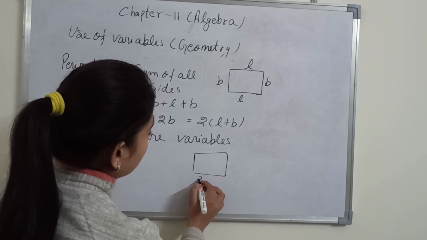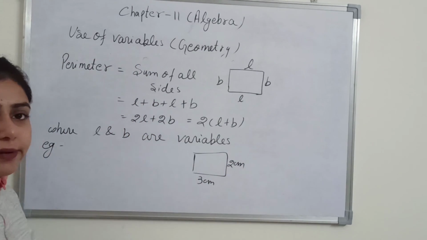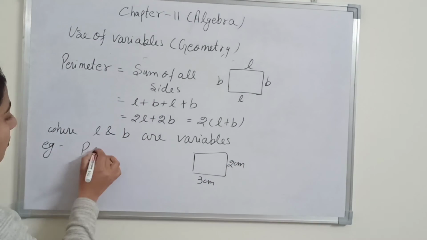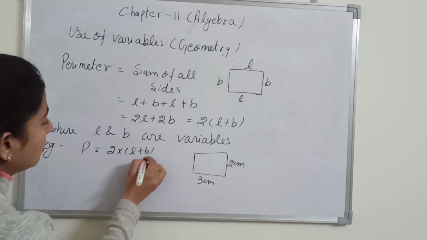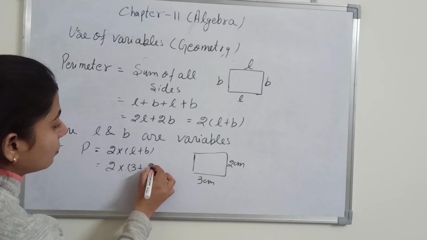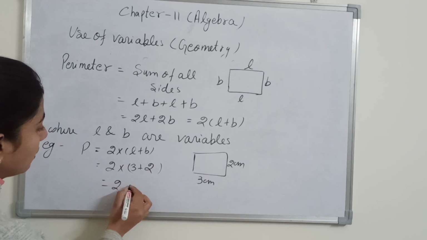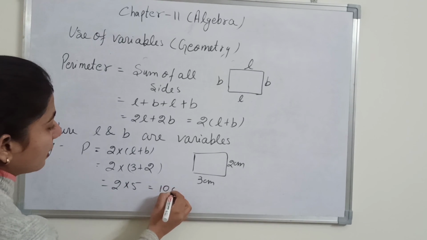Its length is 3 centimeter and breadth is 2 centimeter. Now find its perimeter. The perimeter of a rectangle is 2 into L plus B. Length is 3 centimeter, breadth is 2 centimeter. Now add it: 3 plus 2 is 5, and 2 times 5 is 10 centimeter.